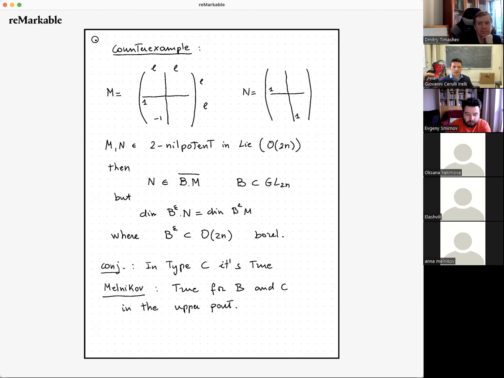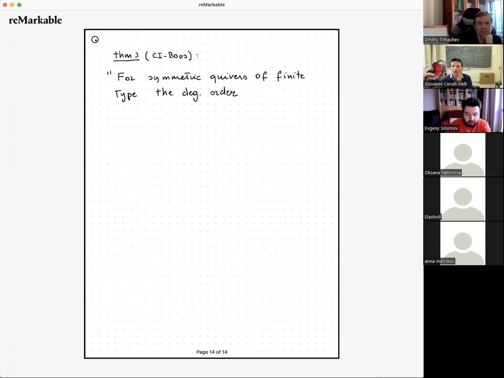Okay, nice. So the last theorem concerns more the connection with degenerate flag varieties. It says that for symmetric quivers of finite type, the degeneration order is induced.